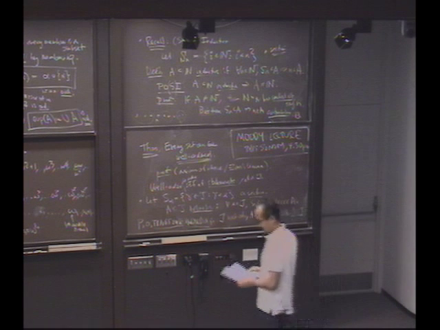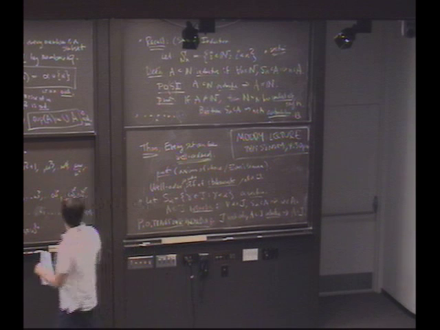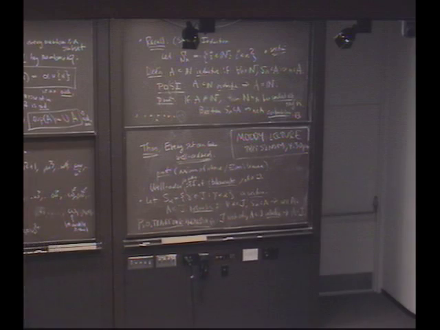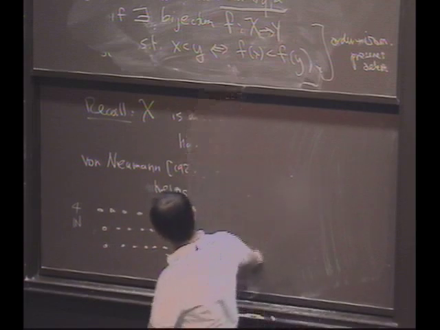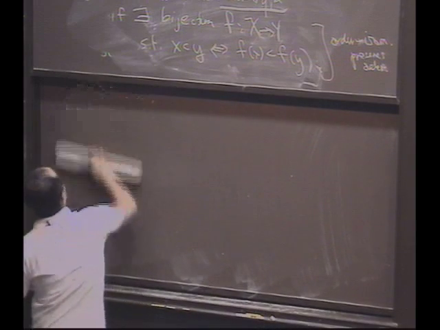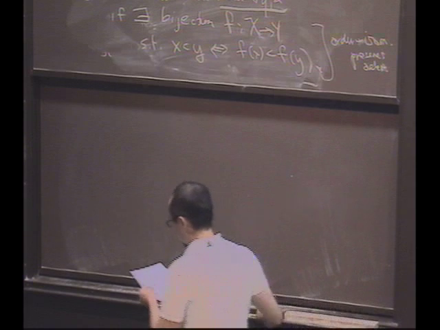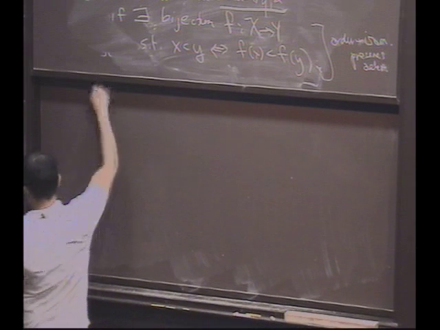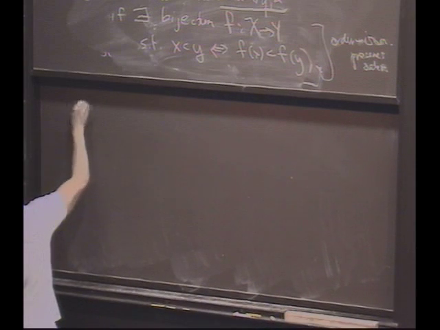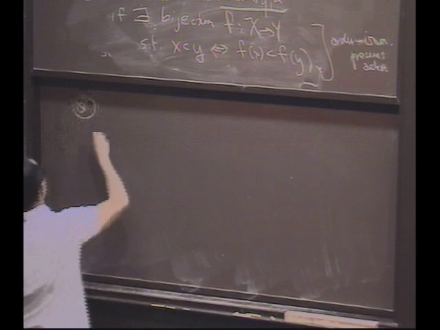Okay, cool. I'm going to end with an application of transfinite induction. I'm going to sketch this just to give you a sense of how you might prove something by transfinite induction. So here's a question.